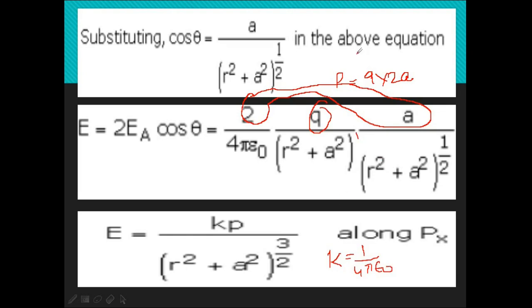And the value of P, the electric dipole, is Q into 2A. Now the final result is E is equal to KP over r square plus a square raised to power 3 by 2 along PX.